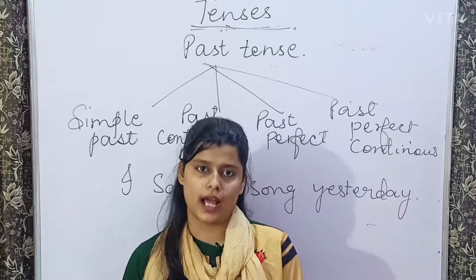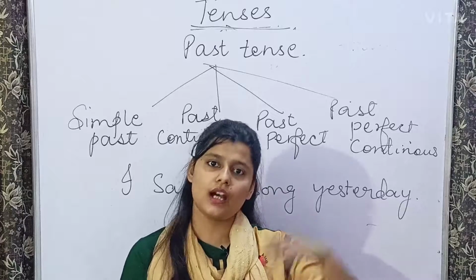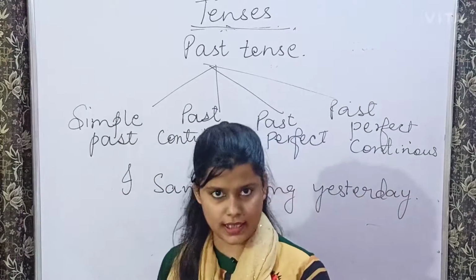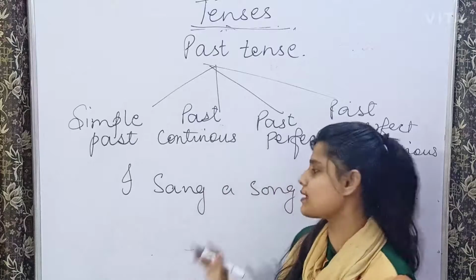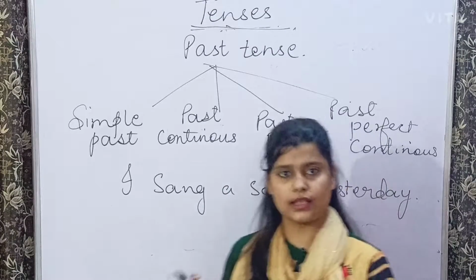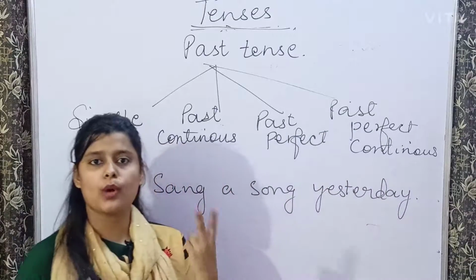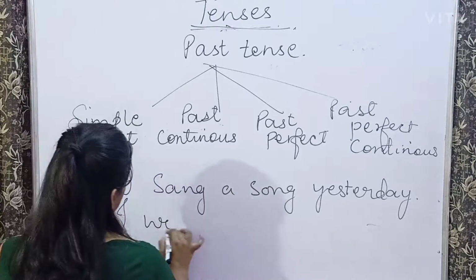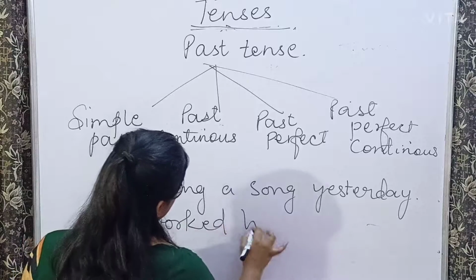So it denotes an action that has been completed in the past. And in order to identify simple past sentences, what you can do is that they always have the verb's second form.